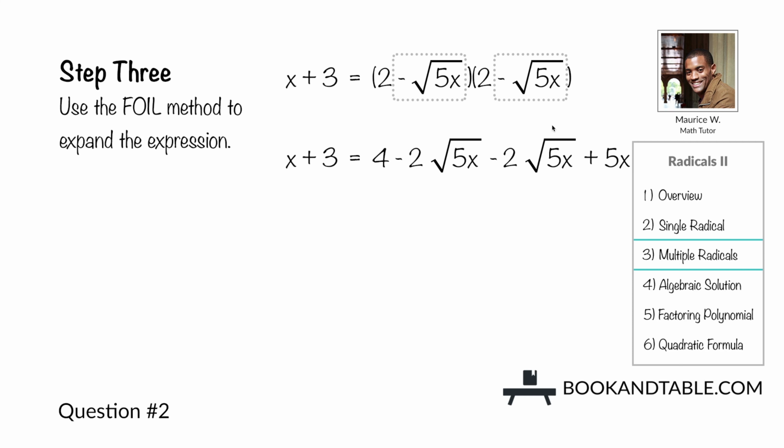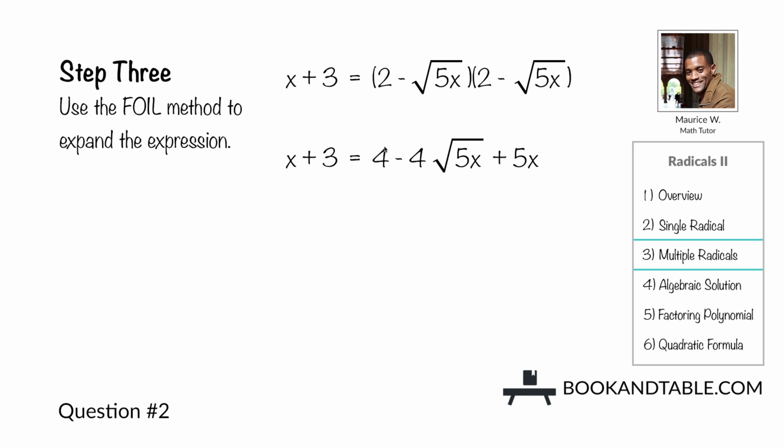Negative times negative is positive. Negative 2 minus 2 would give us negative 4 radical 5x. So once we remove our first radical sign, we have x plus 3 is equal to 4 minus 4 radical 5x plus 5x. You now want to isolate the second radical.